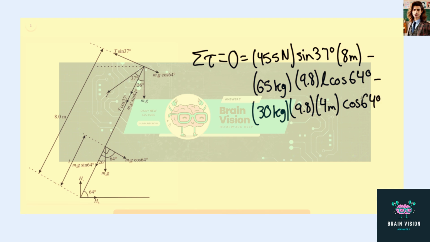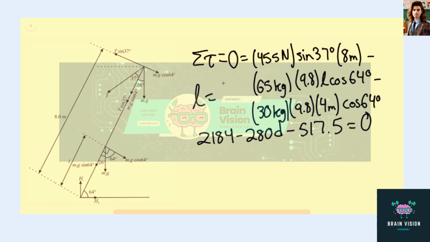So at this point, we can simplify and say that 2,184 minus 280d minus 5,017.5 equals 0. So here we're just saying that L equals D.